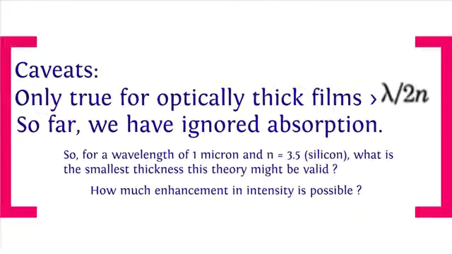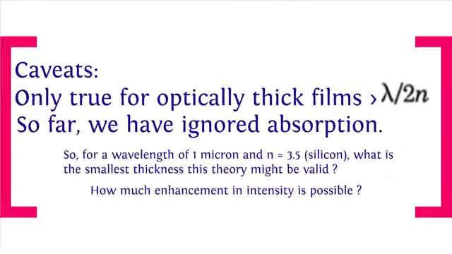That's about 140 nanometers, which is quite small. So this means that what we're going to talk about is valid for almost all solar cells that will be of interest, because all solar cells are definitely more than a micron thick, for example.